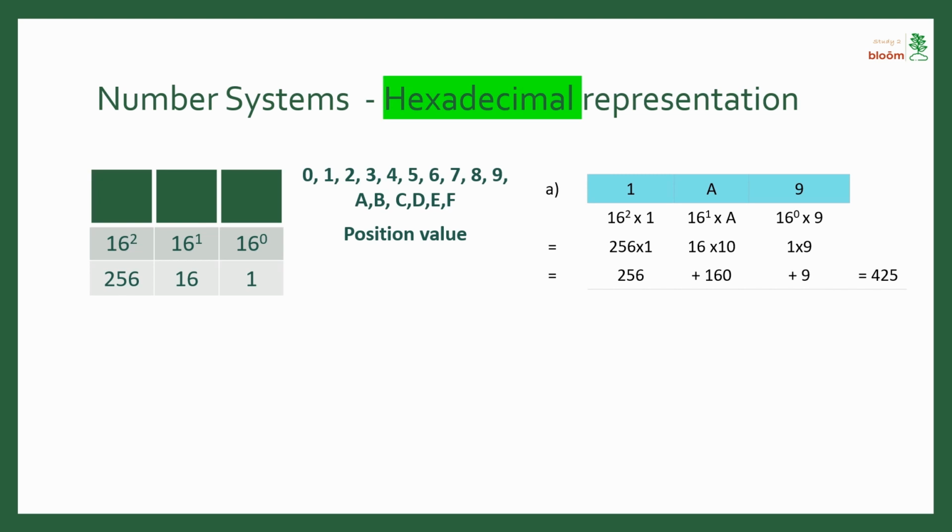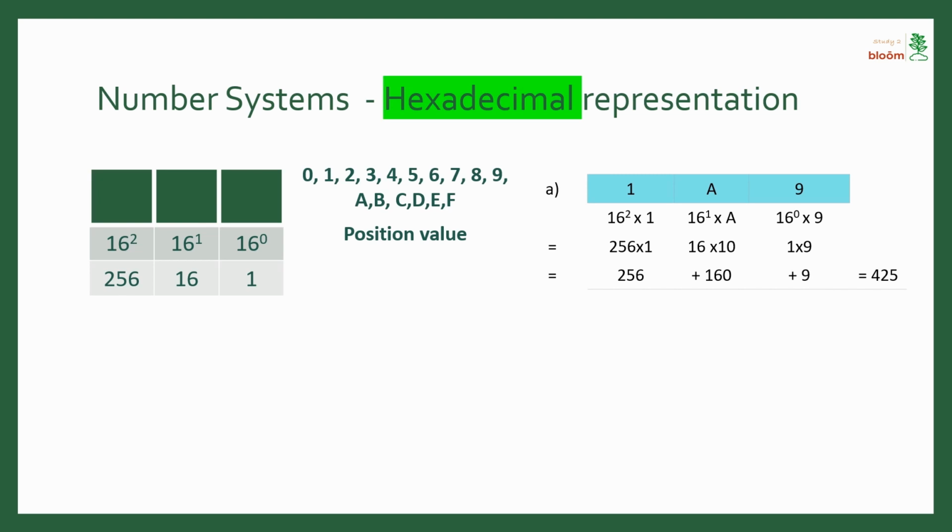In hexadecimal the base is 16, and we have the position number as the exponent. So here the position value is 1, the position value here is 16, and here the position value is 16 to the power 2, that is 256.